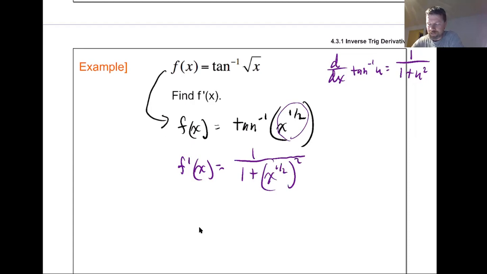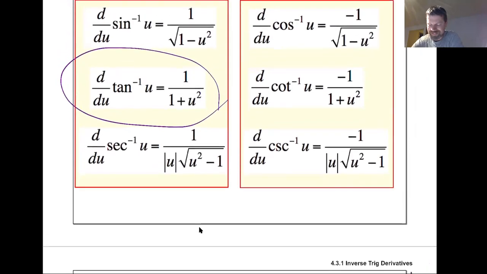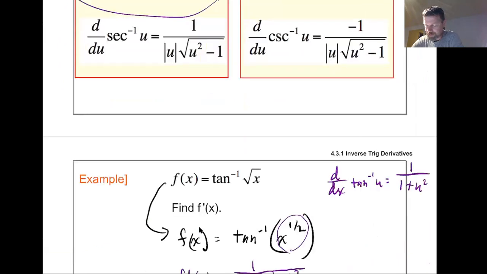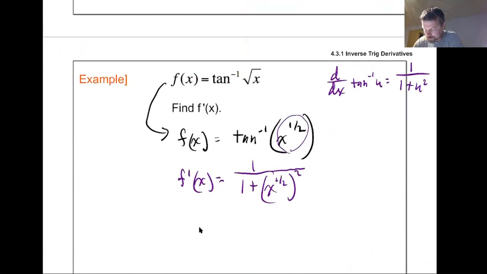When I wrote these tangent inverse functions, I didn't write an x because it can be really tempting to put an x in this spot. But it shouldn't be x squared, it should be x to the 1/2 squared because that's the thing that's inside my function. All right, so the chain rule says you take the derivative of the outside, multiplied times the derivative of the inside. I just took the derivative of the outside.